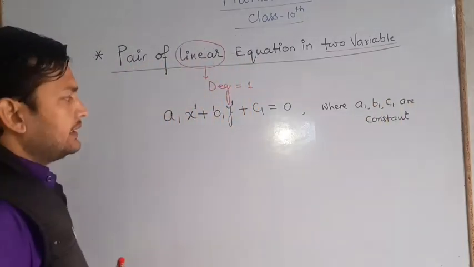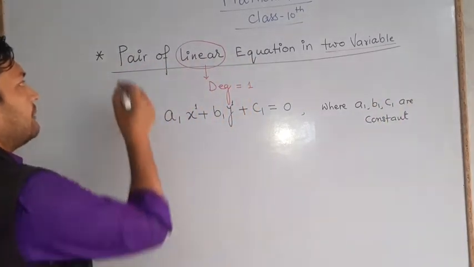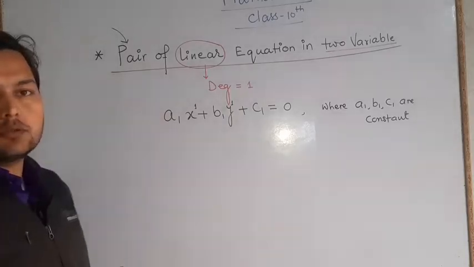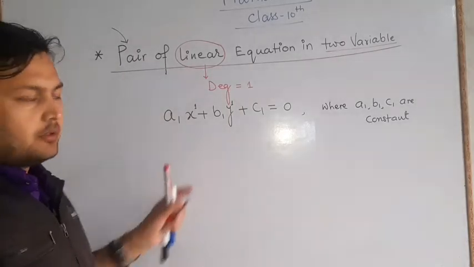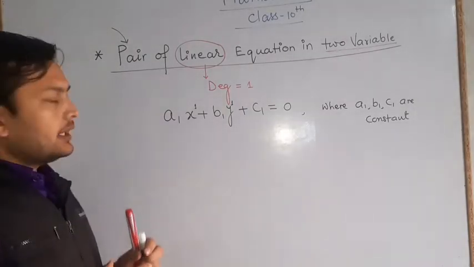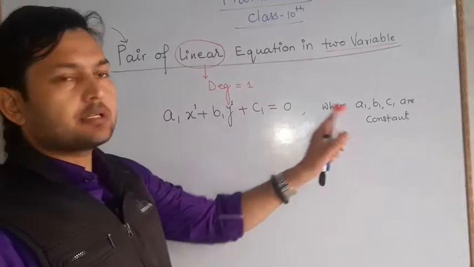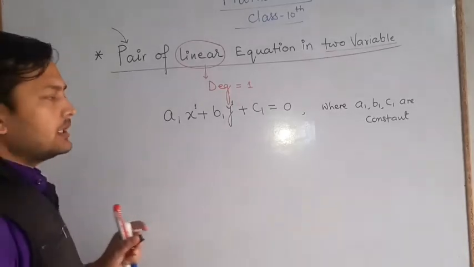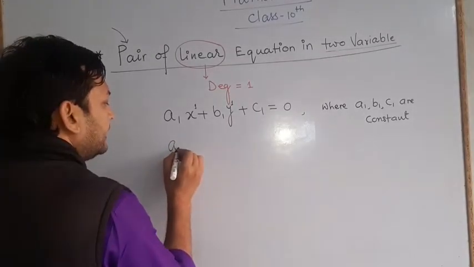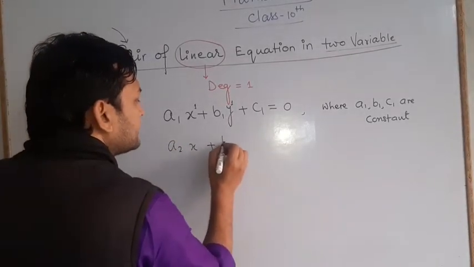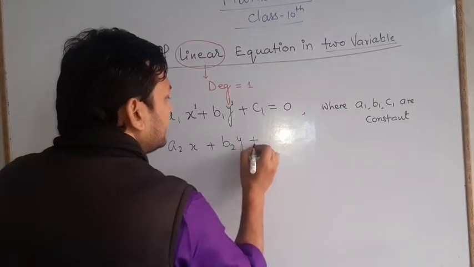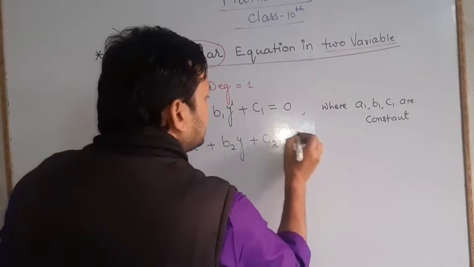Similarly, if you are talking about a pair of linear equations, there should be one more. There is nothing going to change in the structure of the equation, we will only change the constants and write a2x plus b2y plus c2 is equal to 0.